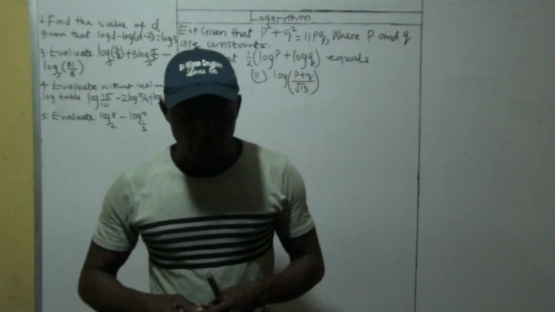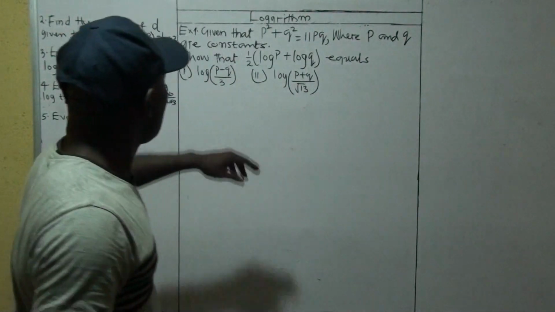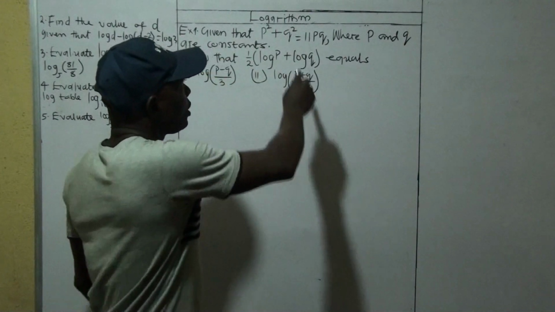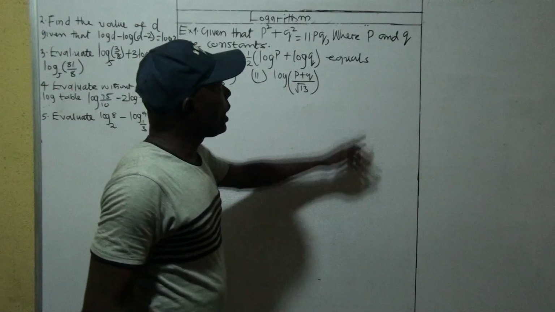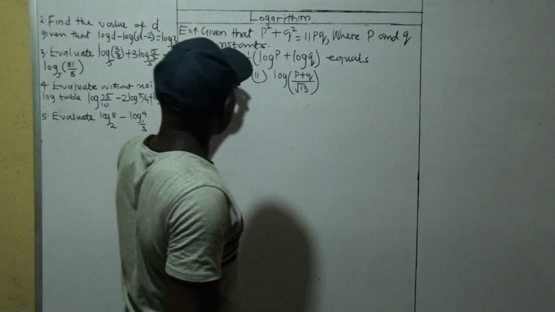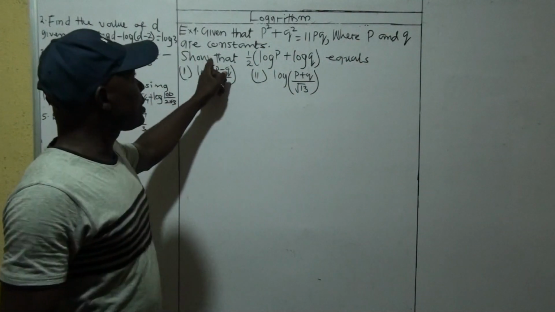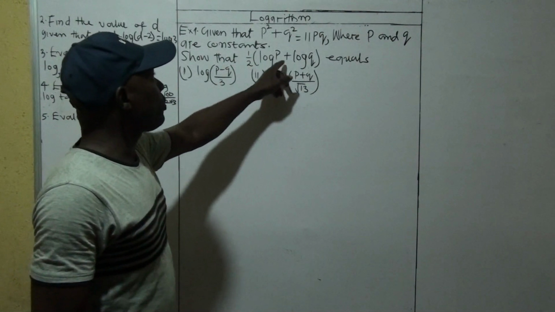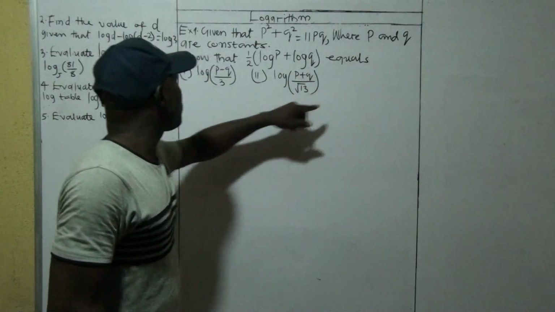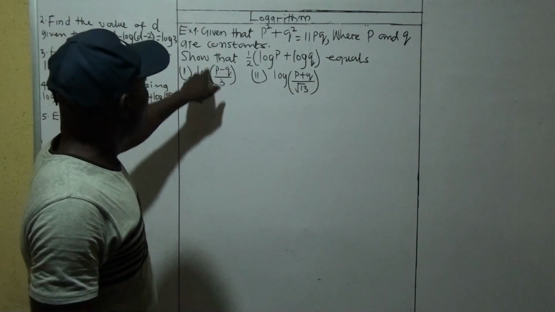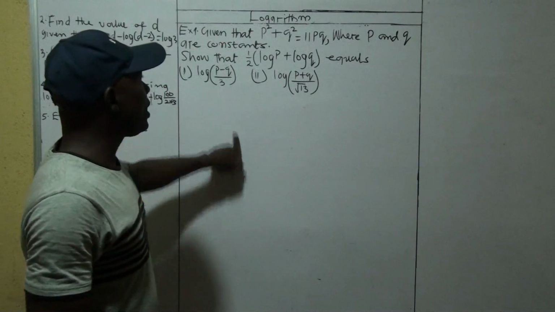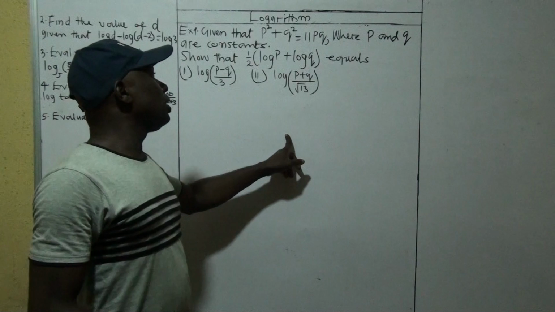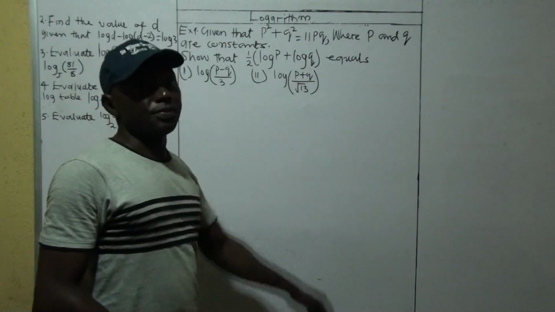So the first question on the board says, given that p squared plus q squared is equal to 11pq, where p and q are constants, show that 1/2 open bracket log p plus log q equals log open bracket p minus q all over 3. Then log p plus q all over square root of 13.